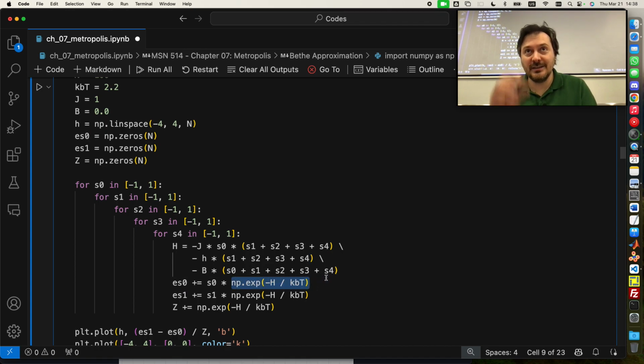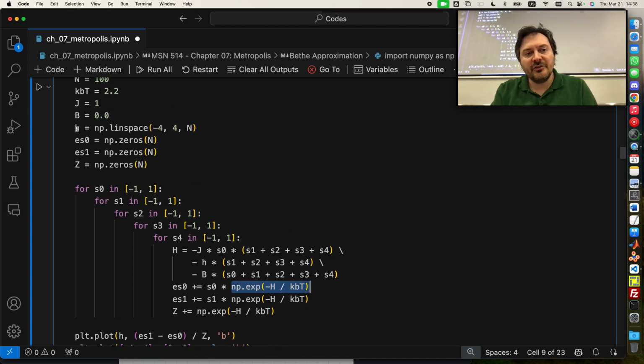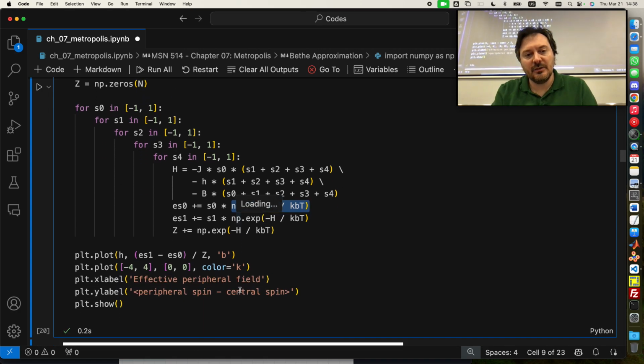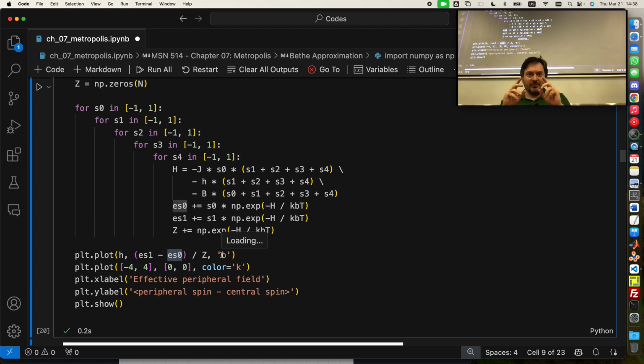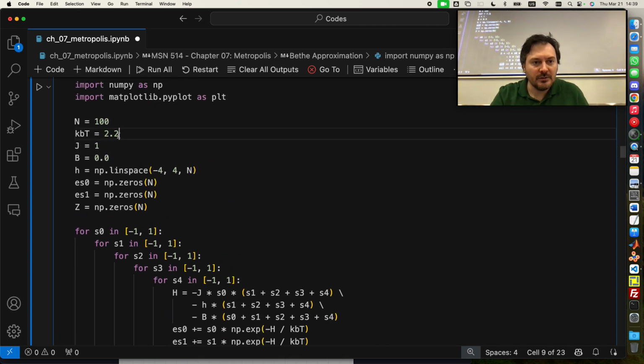Are you following a little bit? Yes. So as I'm changing H, I'm calculating all this partition function and dividing the expectation values. What I eventually plot is the expectation value of S1 minus the expectation value of S0. What I want to get is 0, because the two should be equal to each other. Let me just plot it. I'm plotting it for low temperature first.